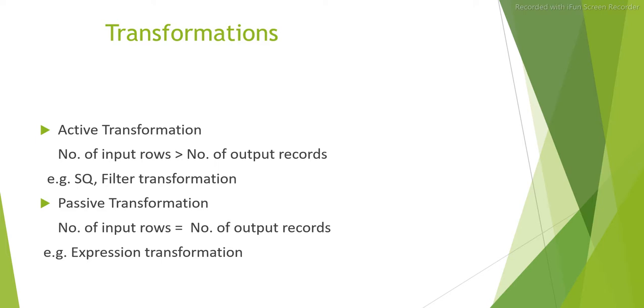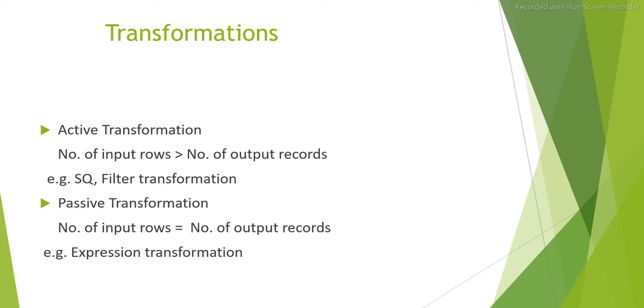Okay. And then there is a passive transformation. In a passive transformation, we do not deal with the number of records. We do different kinds of operations. For example, the number of records getting in is equal to the number of records getting out. So that is the passive transformation. It doesn't change the number of records, all right?